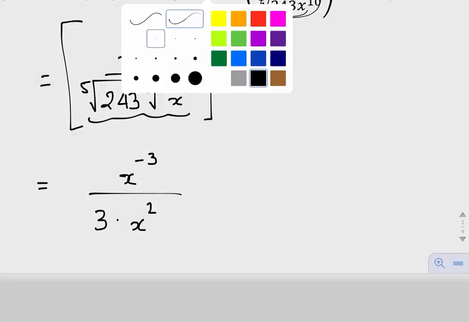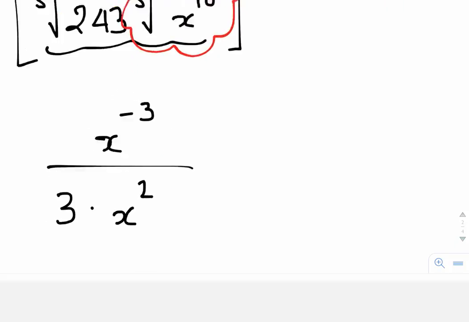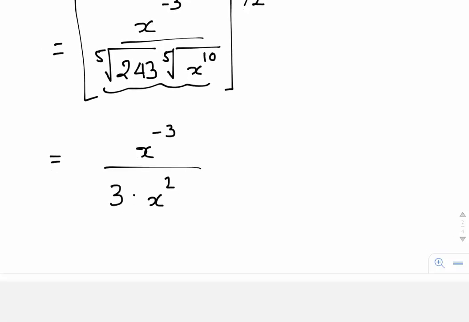Now again, you might be wondering, how did I go from this to this? Well, one way you can look at it is I can rewrite that radical as x to the exponent 10 over 5, which is just x to the exponent 2. So keep that in mind when simplifying. And of course, this is all to the exponent of 1/2.